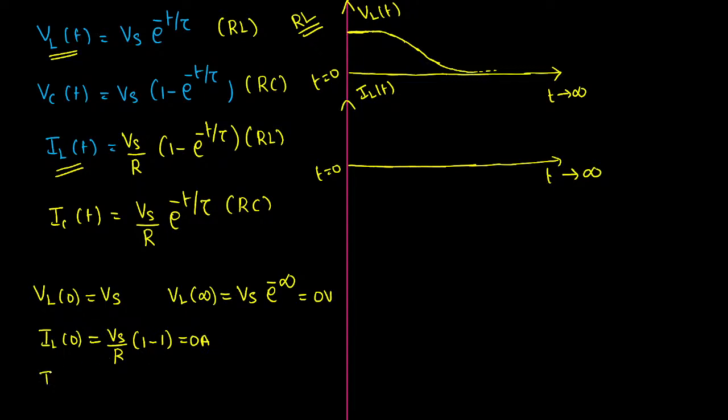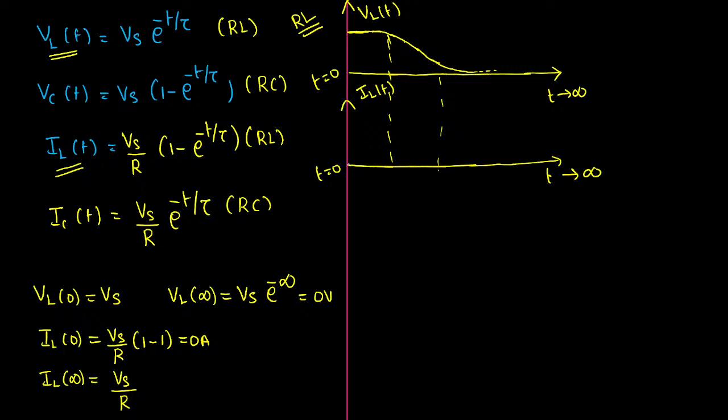If I replace t by infinity, then you can observe IL of infinity: e power minus infinity will be 0, so you will get Vs by R. So the current waveform is basically, let me draw it a little properly.